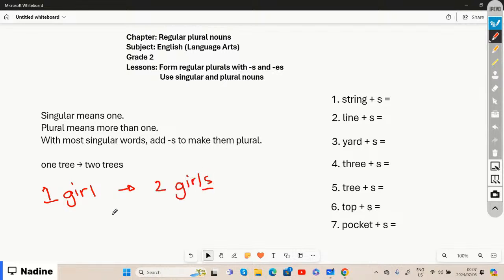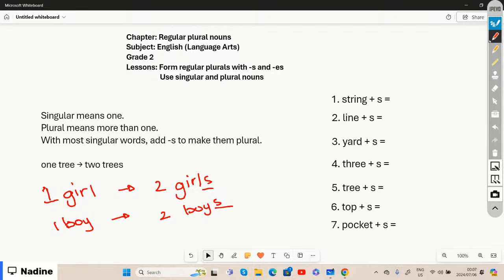So all we do is we add an s. The same with boy. It's one boy, and if we refer to two or more boys, we say two boys. Which means that with most of our singular words, we basically just add an s and then it turns to plural. It's like we are making them plural.